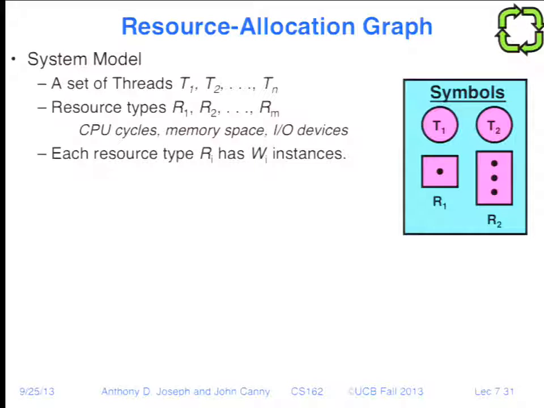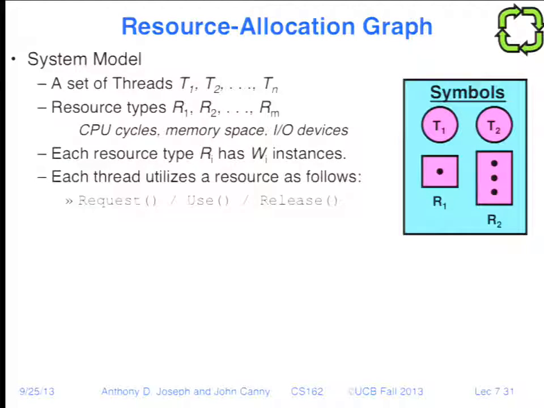So there are 3 instances of resource type R2 and 1 instance of resource type R1. The threads are going to request, then use, and then release the resources in some fashion, and we can represent all of those actions using a graph.